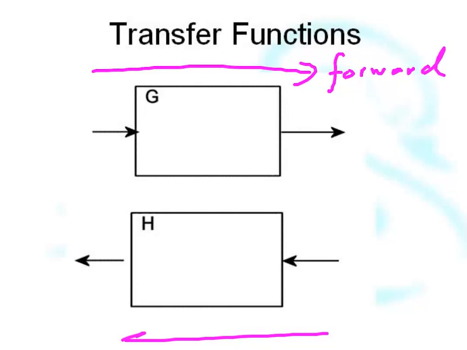And when it's going backwards in time, we label them as H's. So this top one is feeding forward, from the left to the right, which we say is the forward direction. And the bottom one is feeding from the right to the left, which we say is the back direction.